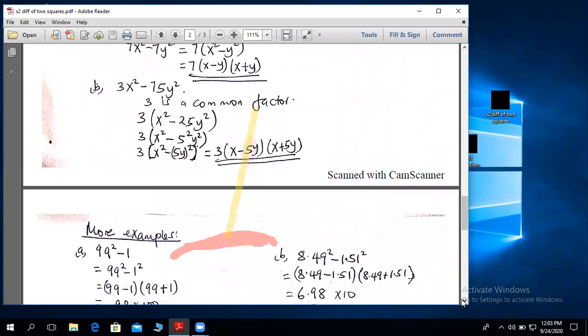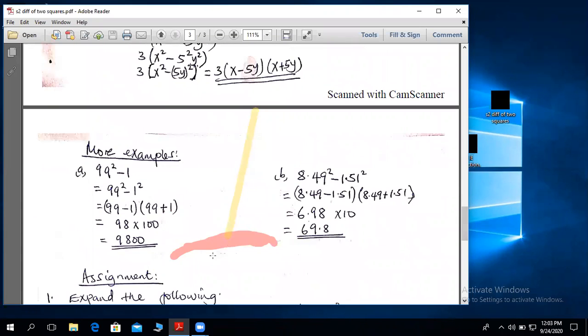So let me take you to these more examples. Now, in these more examples, here I don't have unknowns. I can have just digits. So in this one, I have 99 squared minus 1. But when you see this one is squared and this is minus and this is 1, remember 1 is the same as 1 squared.